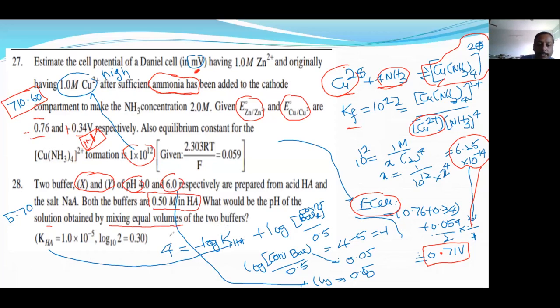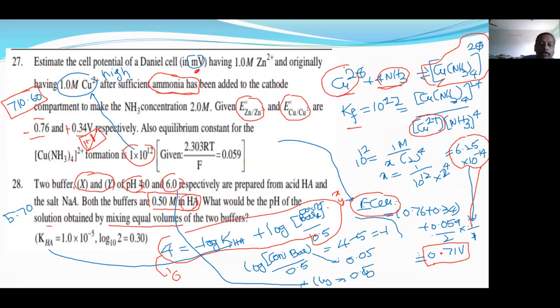Very simple. See, this is the first buffer equation. And the second buffer equation will be the same, but here it will be 6, and the concentration of conjugate base we don't know, that is what we want to find out. So one you take as x, another you can take as y. Acid is common to both of them.